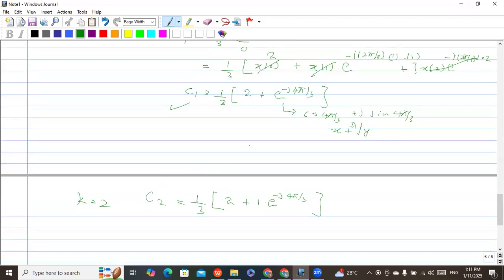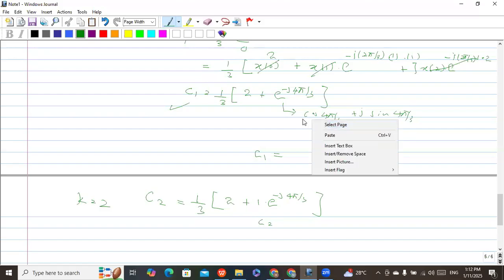Okay. Now tell me, can you find this complex number C1? Can you find what is C1 and can you find what is C2? So you need to find this term cos 4π/3, then sin 4π/3. What is that value?